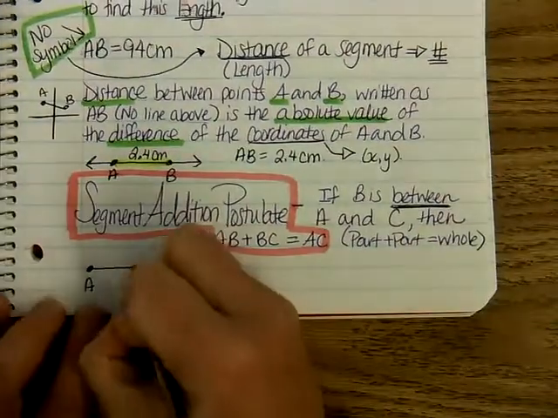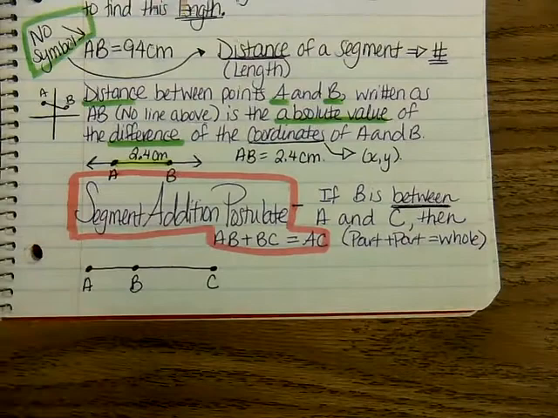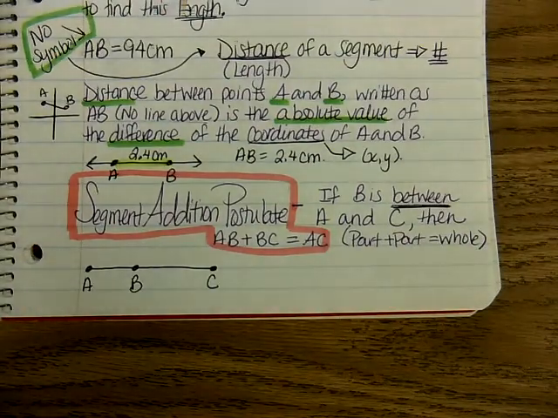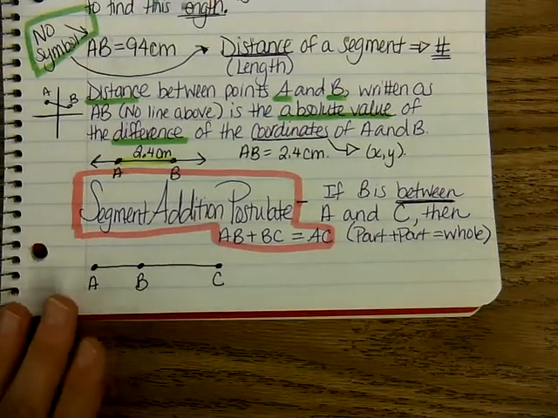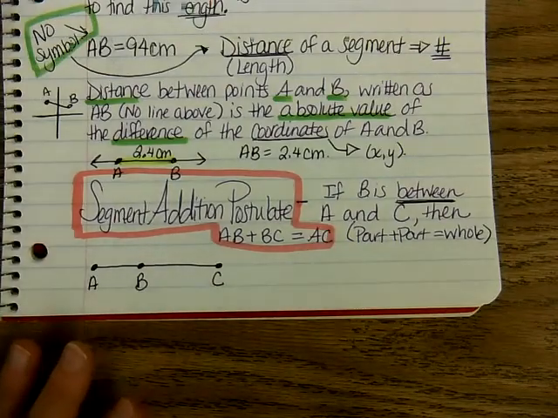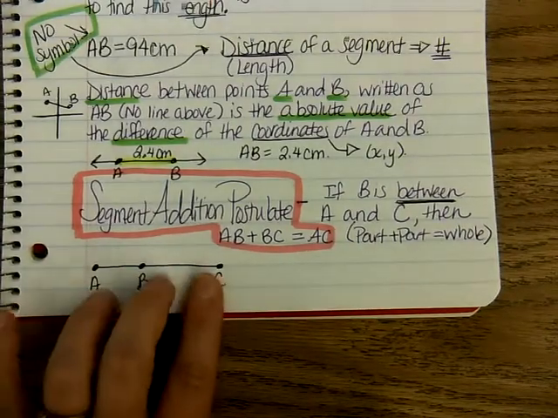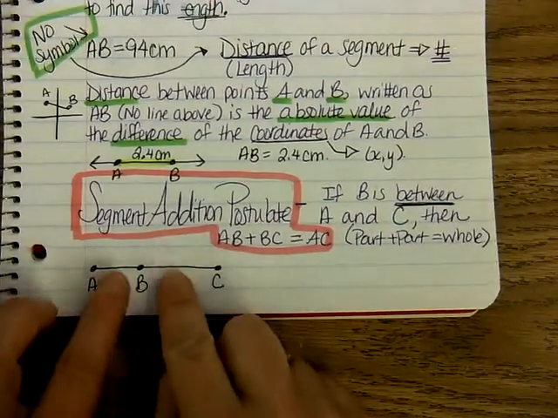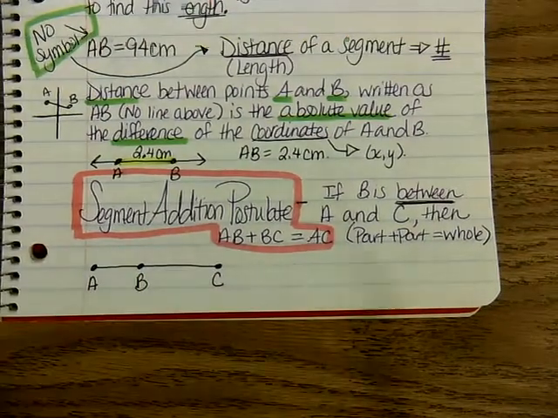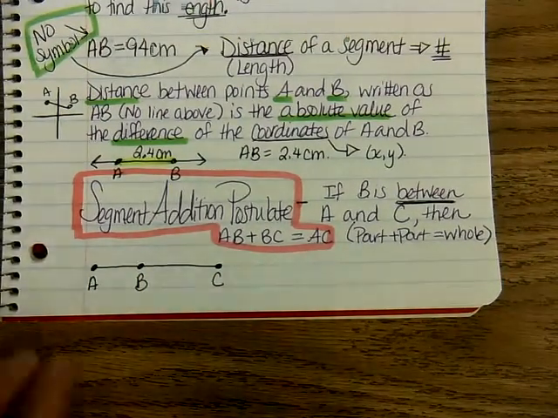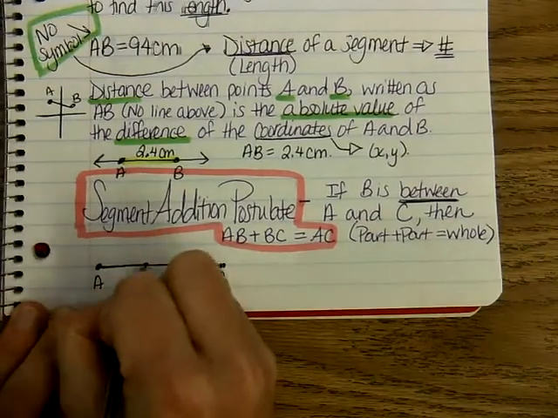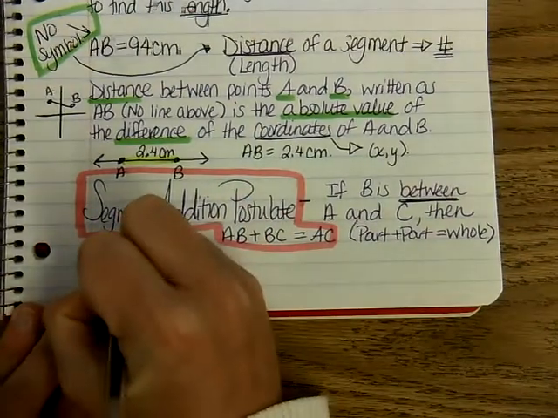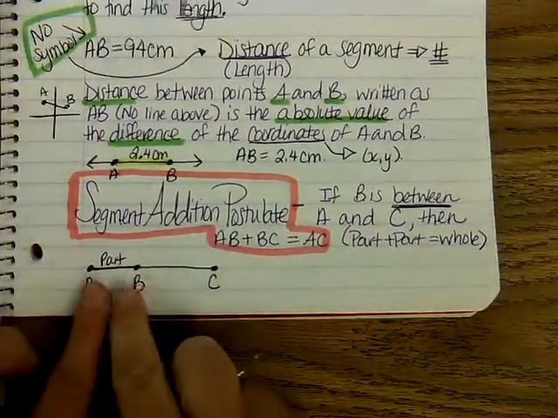Just because a point is in between doesn't mean it's in the direct center. That means something else, and we will talk about that. That's called midpoint. But AB and BC might be different lengths. What this is saying is that whatever the length of AB is, this is a part of the whole segment.